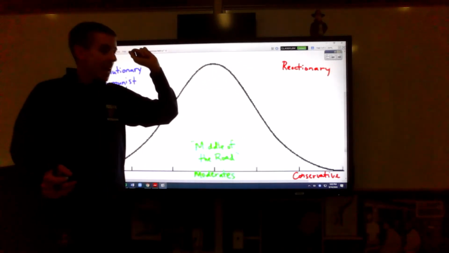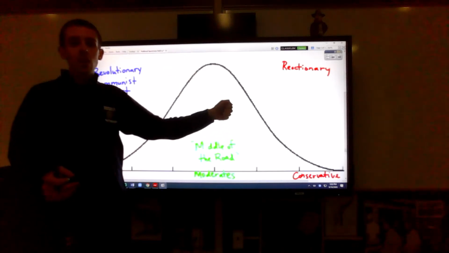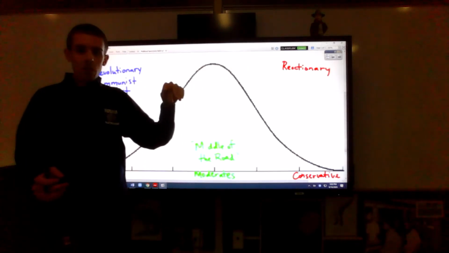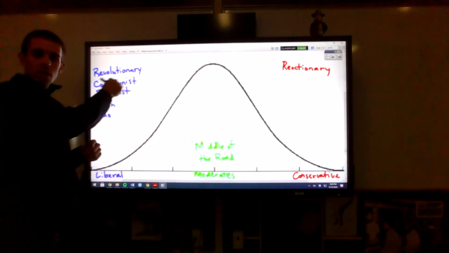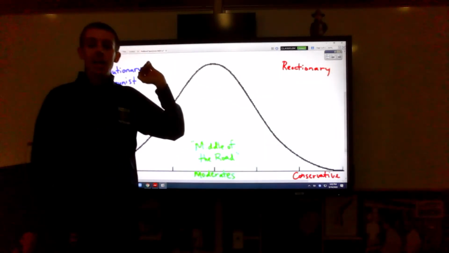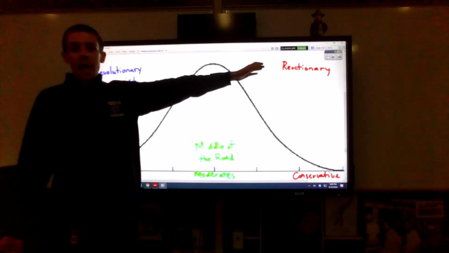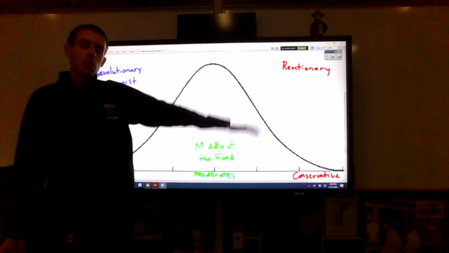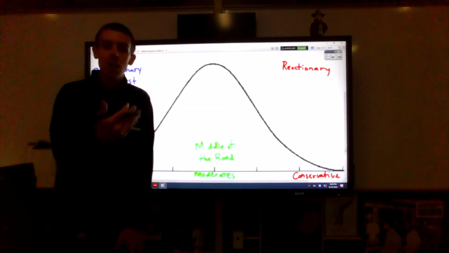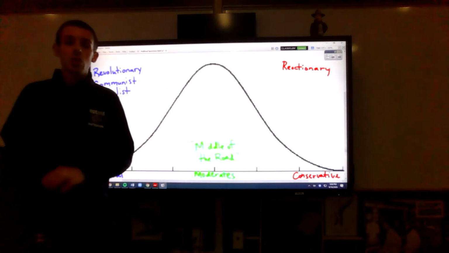They think that society is pretty good right now, but it would be even better if we went back to a previous time that was even better than now, before all these liberal people messed it up. Let's go back to a better time that we had in our history, or that somebody had in their history. So they are reacting to the changes in society and deciding that they want to turn back.